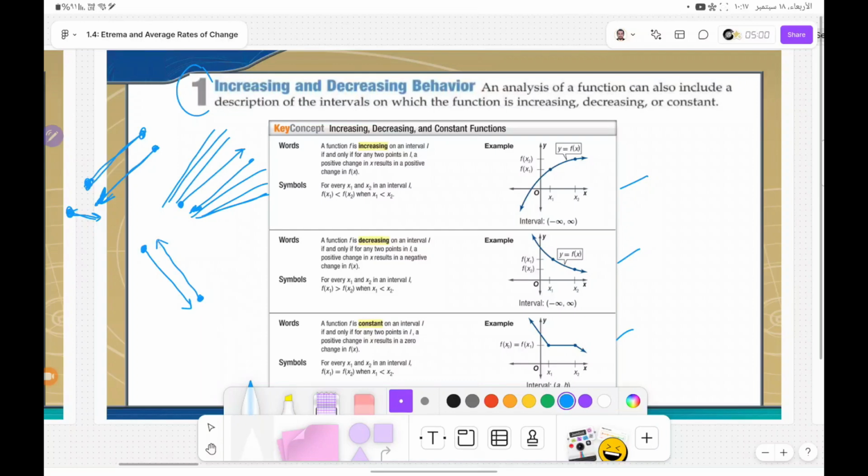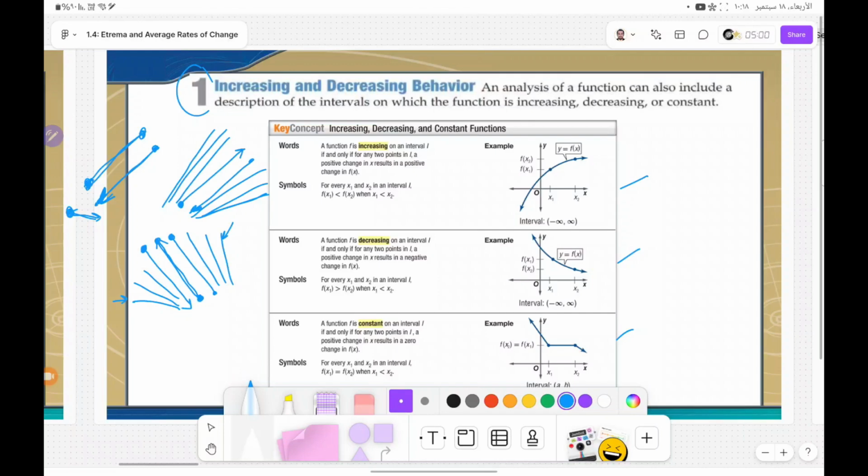This is not increasing, this is decreasing, because we always start reading the graph from left to right. From the left it was up and goes to the right, then down. From the higher value to the lower value, so this one is decreasing, even these lines. What's the difference between these decreasing lines? It is also only the slope. This one has low slope, this one has high slope.